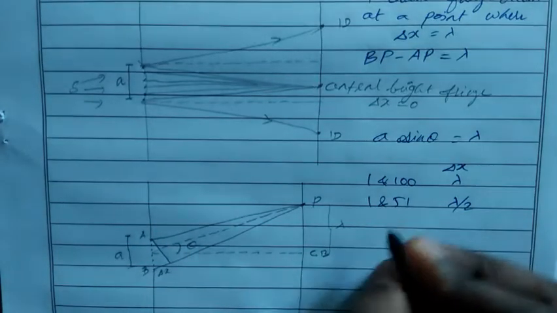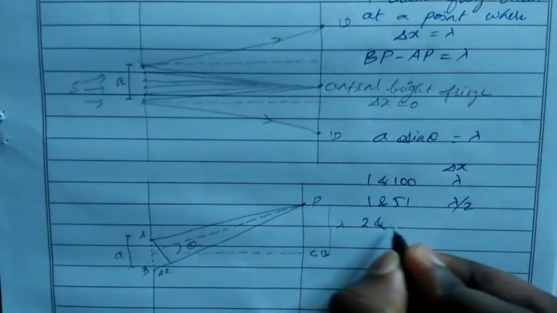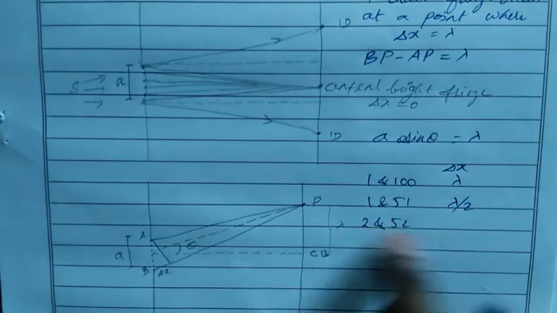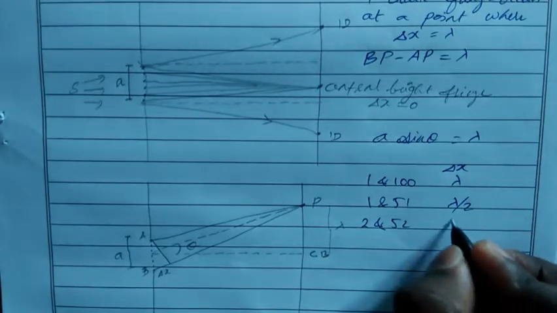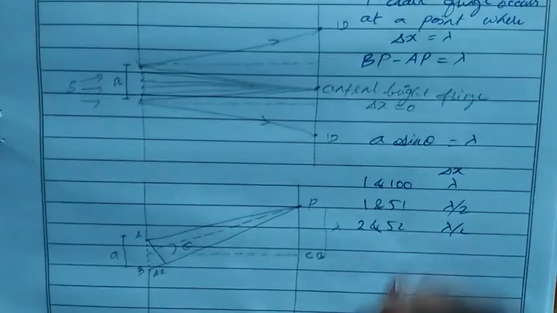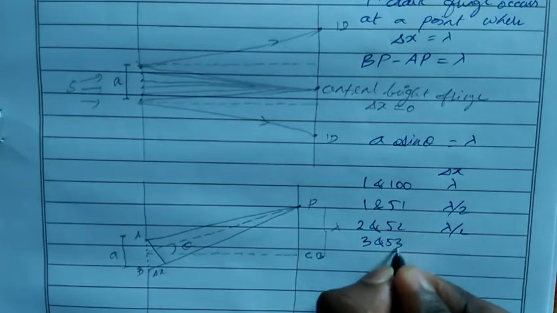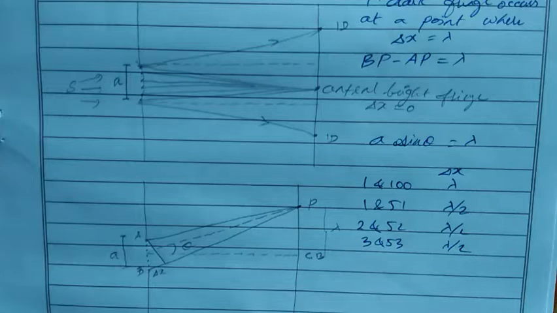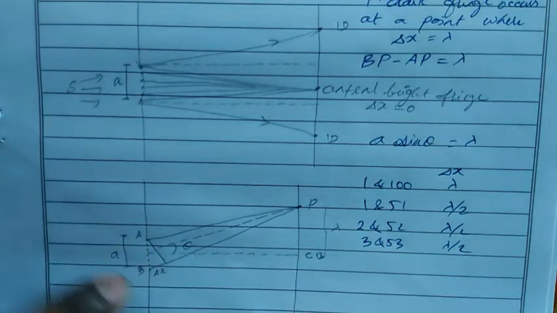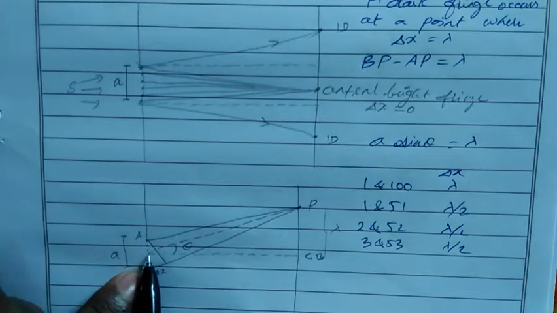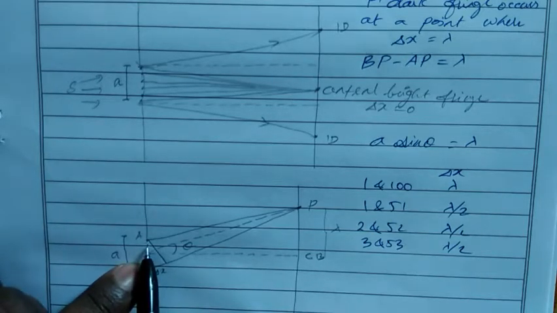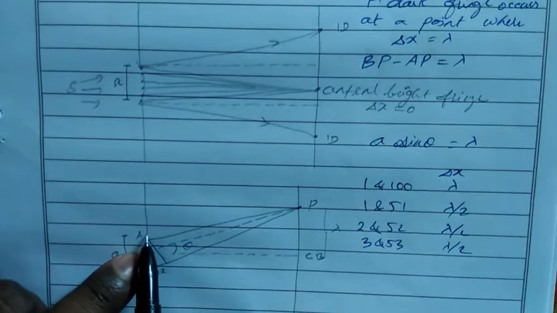Then 2 to 52, again the difference is 50. So for 2 to 52, we again have path difference lambda by 2. Then 3 to 53, lambda by 2. So for each point, this is 1, this is 100, then 50, 51, we have lambda by 2, then 52, again lambda by 2, then 53, again lambda by 2.